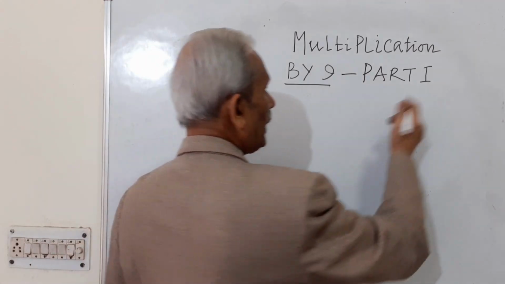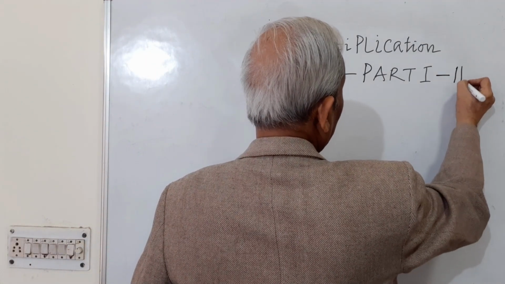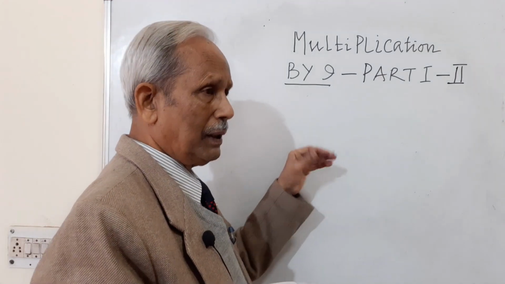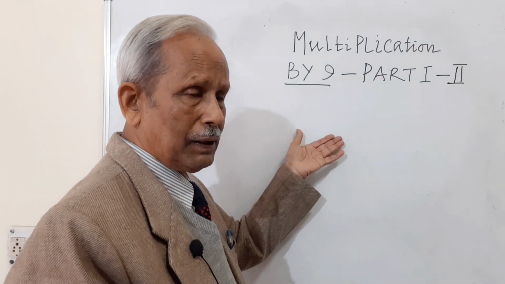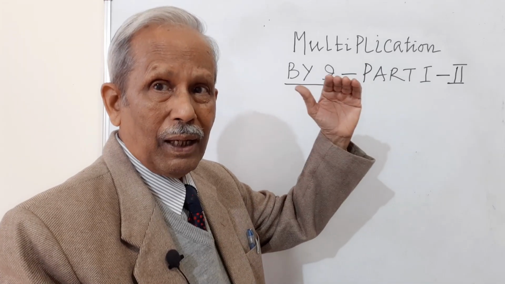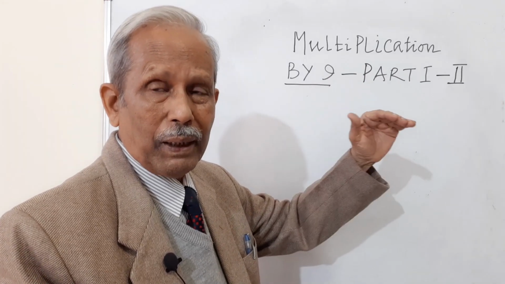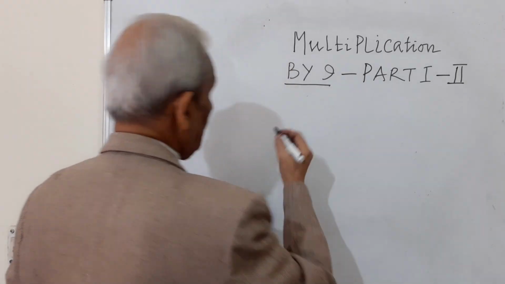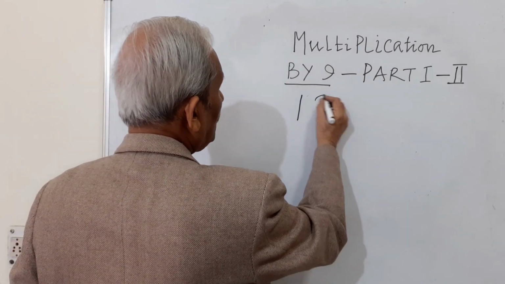I will combine part 1 with part 2, so even when the multiplicand has fewer digits, we will do that today. So let us first take an example, 12 into 99.